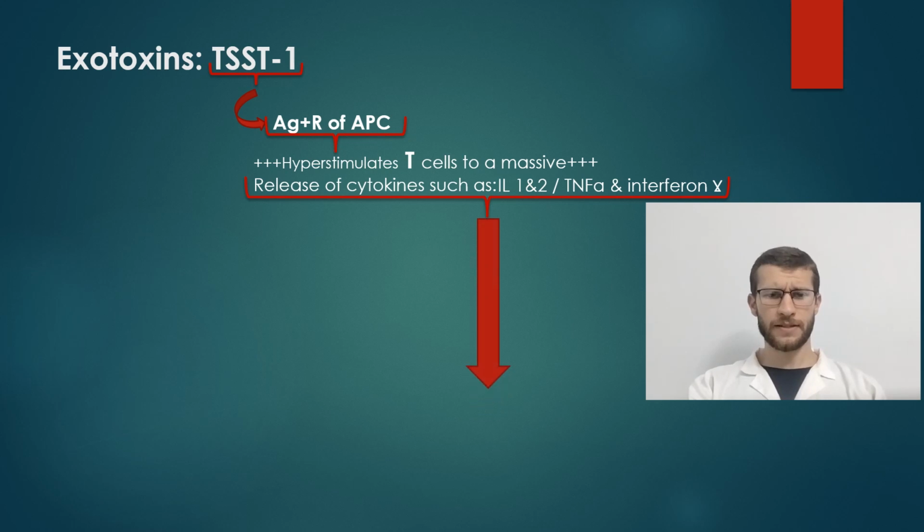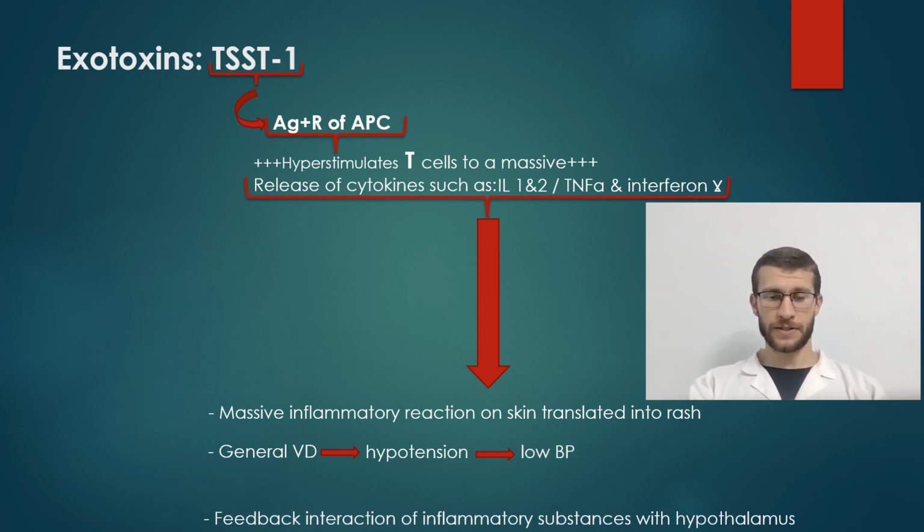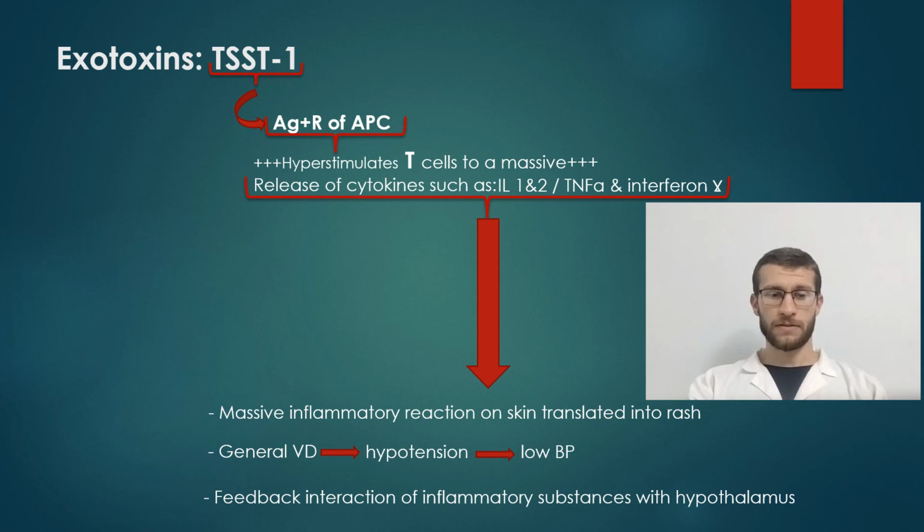This massive release will lead to a massive inflammatory reaction on the skin, translated into rash, and a general vasodilatation that leads to hypotension, which means low blood pressure. Also, a feedback interaction of inflammatory substances with a hypothalamus reaction will lead to increasing the temperature of the body, which means fever.